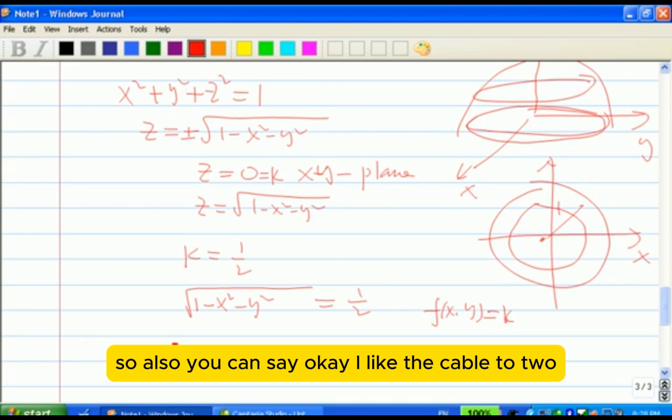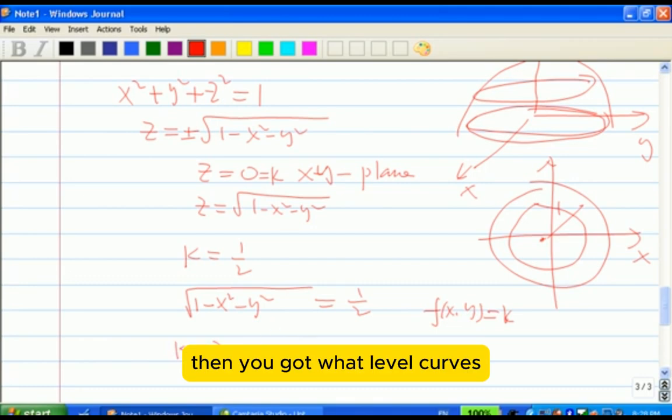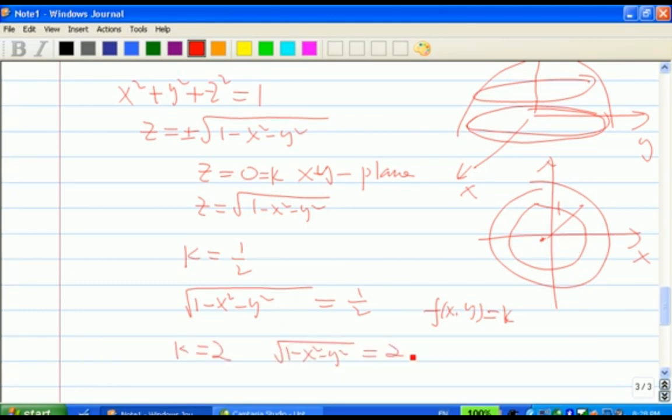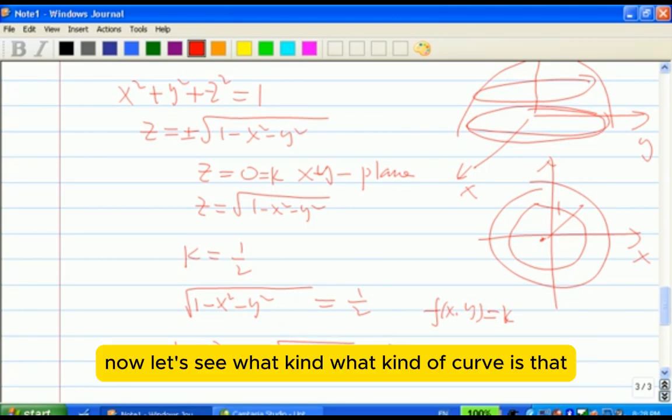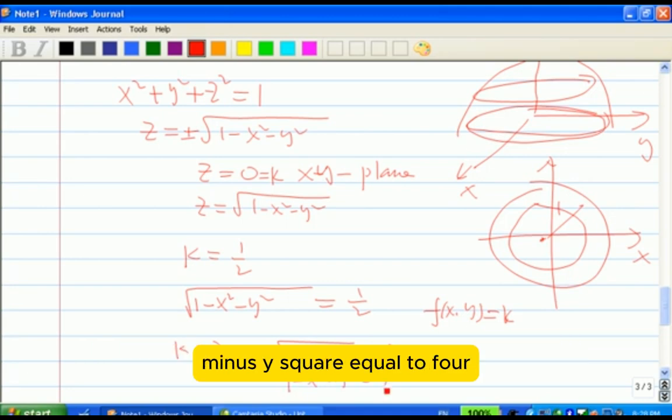Also, you can say I let k equal to 2. Then the level curve is square root of 1 minus x squared minus y squared equal to 2. Now let's see what kind of curve that is. So you square both sides. You get 1 minus x squared minus y squared equal to 4.